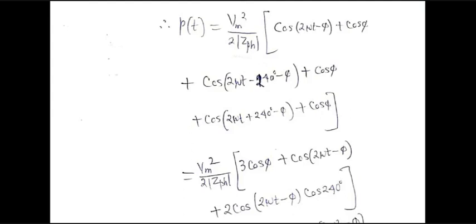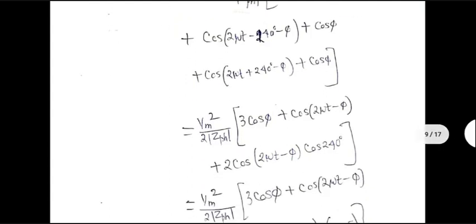You try to simplify that using that identity again, cos A cos B equal to something. It will become 2 times cos of the addition of 2 omega t plus 240 degrees. Yeah, what you'll get is, I think, 2 cos, that's a mistake here.